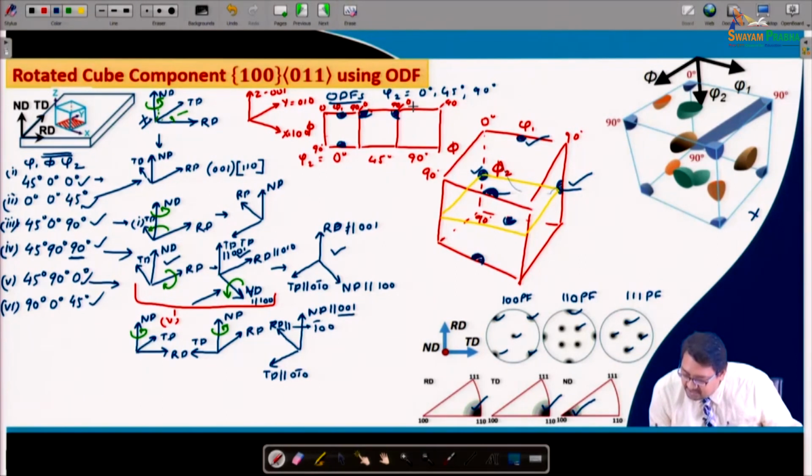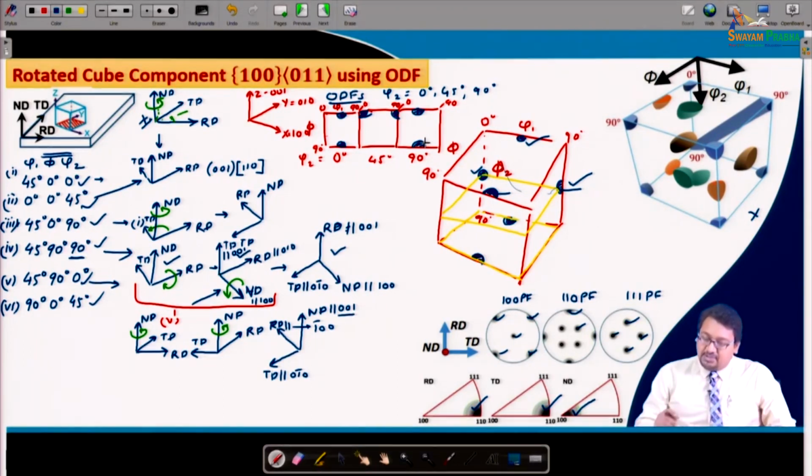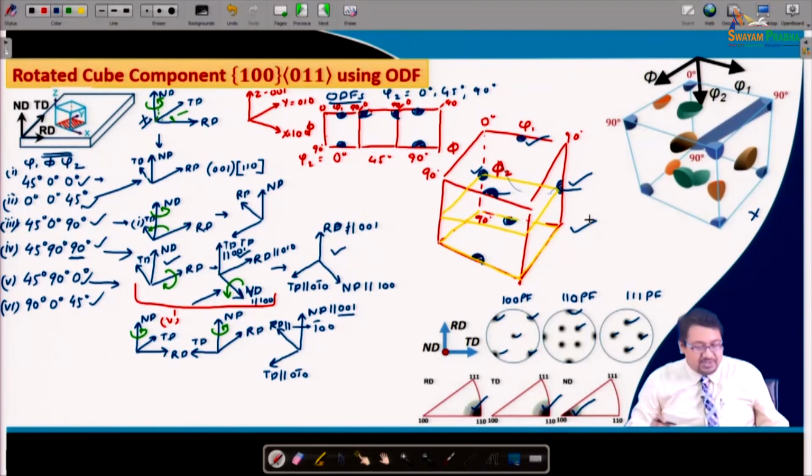On the other hand, the phi 2 equal to 90 degree section, which can be shown basically here, right, and in that case also we observe the position of the rotated cube components here, right. So, one can observe the Euler space and can calculate the position of the components in the Euler space, and this is another example showing rotated cube component.